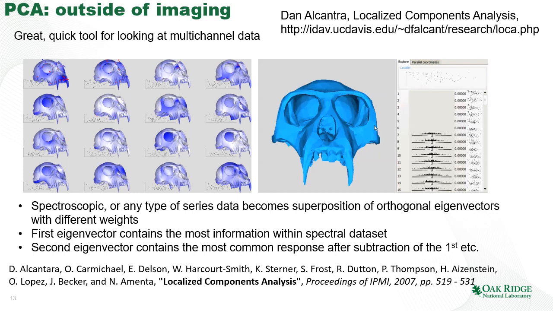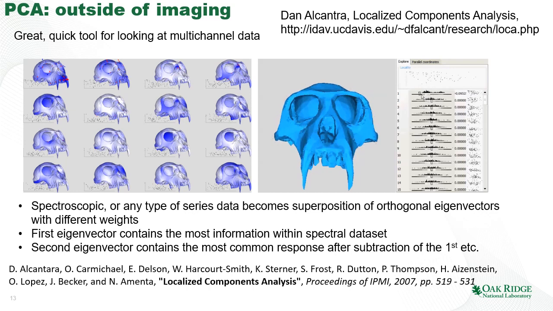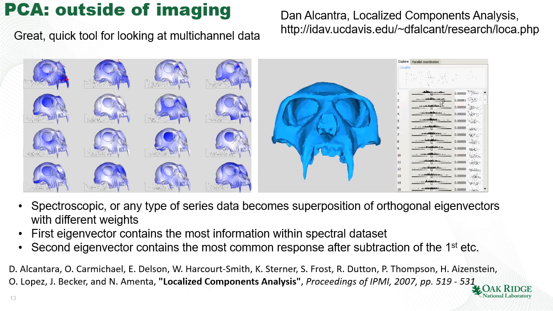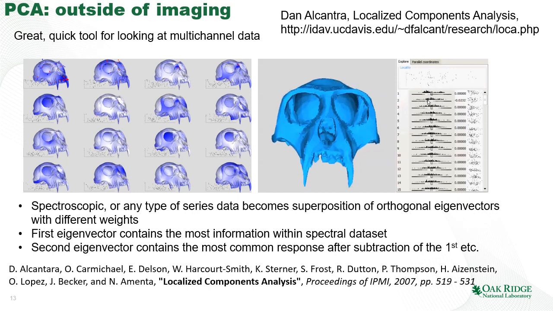This is an example of work done by Dan Alcantara at UC Davis, who used principal component analysis to model and experiment with the shape of primate skulls. You can use this method to separate your data set into individual components and see how they affect the primate shape.